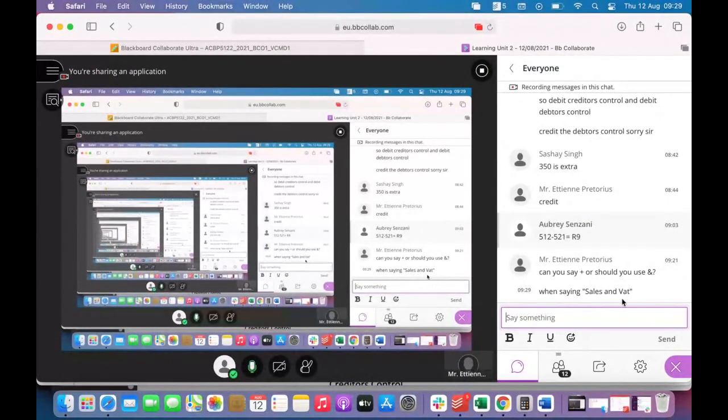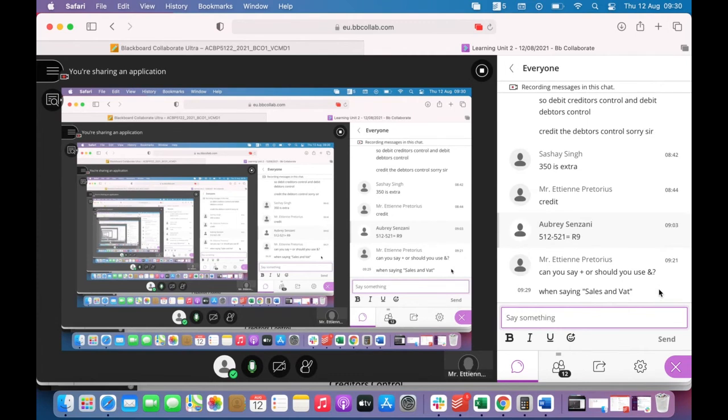Yeah, you guys should say and VAT. You can do the and sign, or you can write it out in words. But yeah, don't do the plus. It doesn't look as good. I'm just doing it for space reasons. Okay, it's quicker on my side. But yeah, you guys, it's the same thing. You mustn't abbreviate. I just do it sometimes to save time.